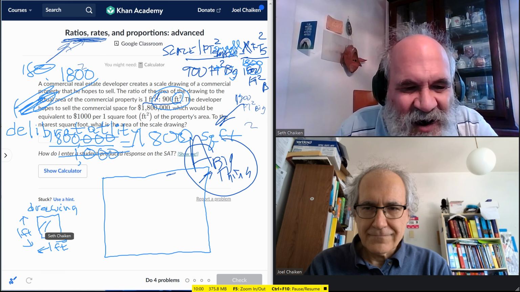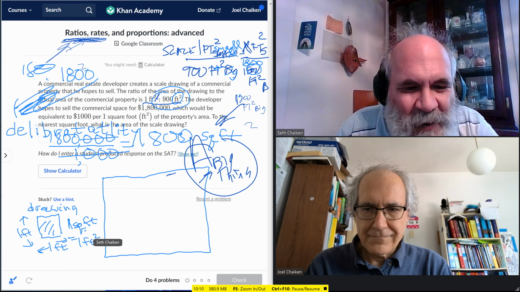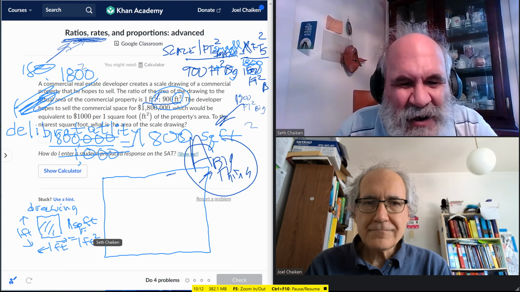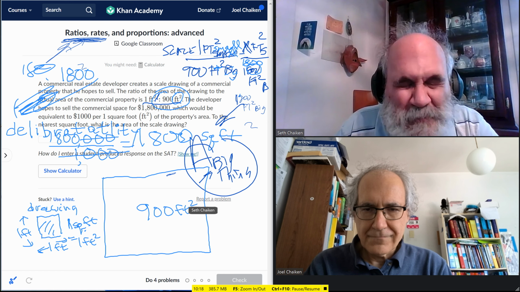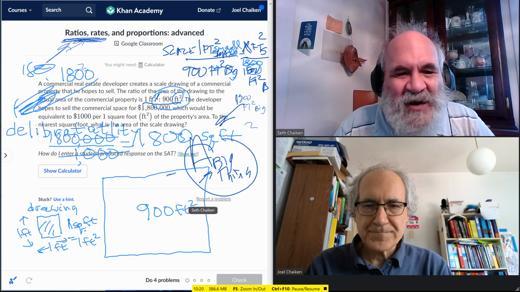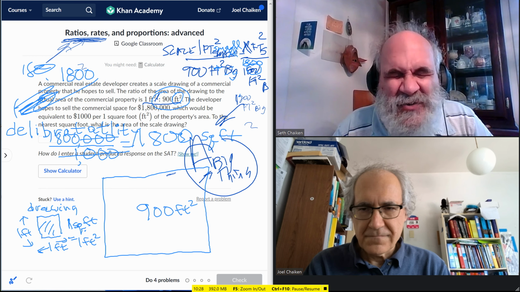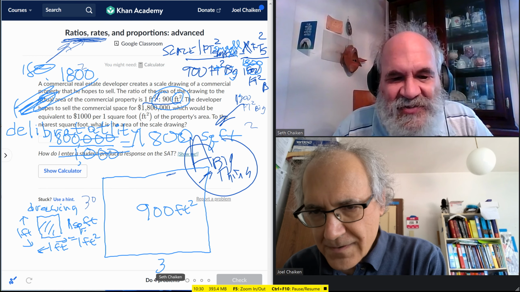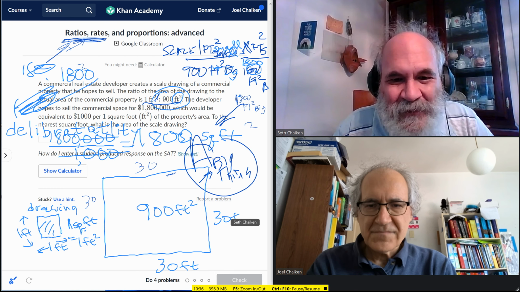What's inside the drawing is 1 square foot, equals 1 foot squared. Inside the house, there are 900 square feet. Now, what is the length and width of a square whose area is 900 square feet? Yeah, 30 by 30. Well, that is 30 feet by 30 feet. Right.